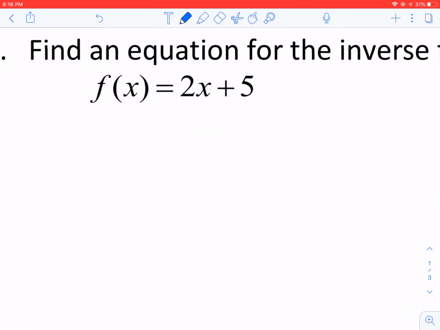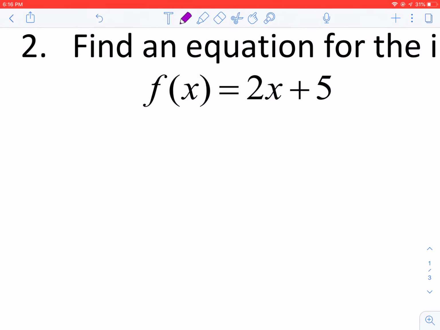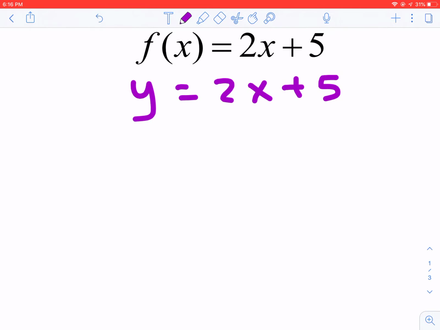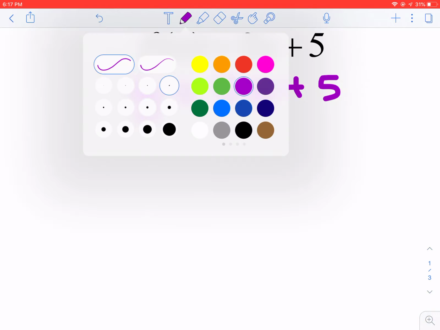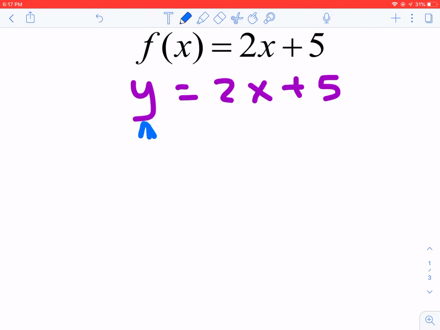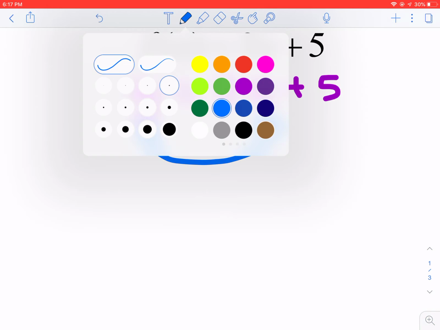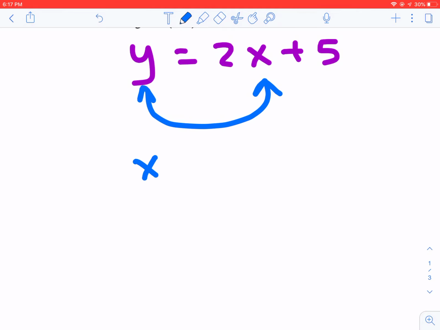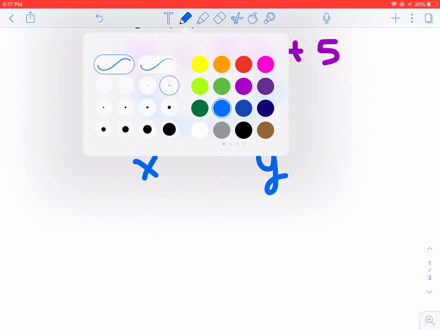So literally we're going to swap x and y. The first step is we make f of x into y, just so it's easier to work with. And then we literally swap the positions of x and y.